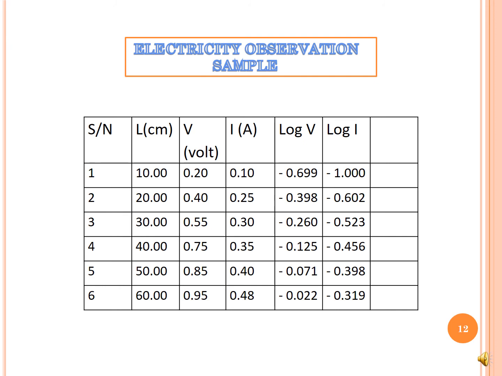And again, observe that they are in trends. As your length increases, your voltage is increasing. Observe that the parameters L, V, I, log V, and log I are all in a straight line.